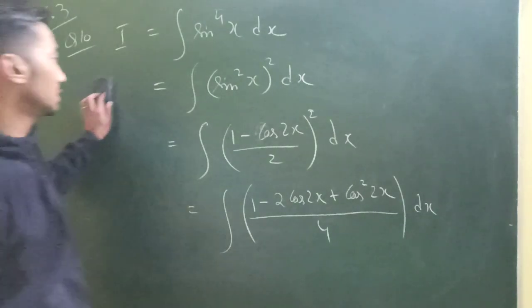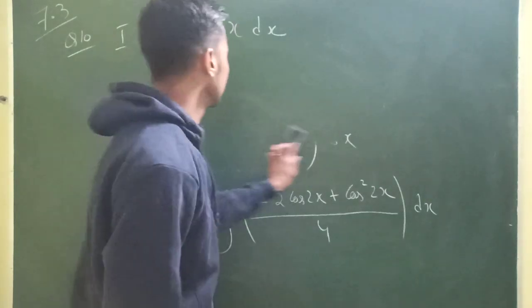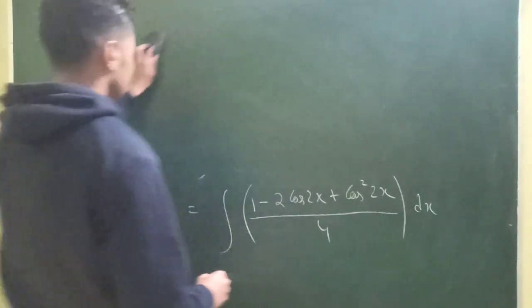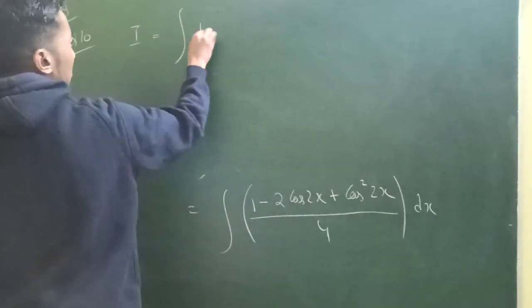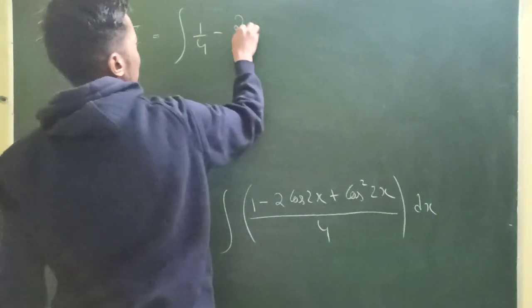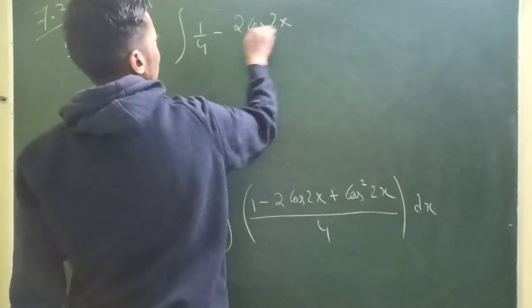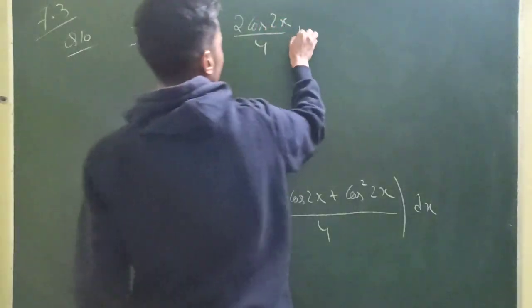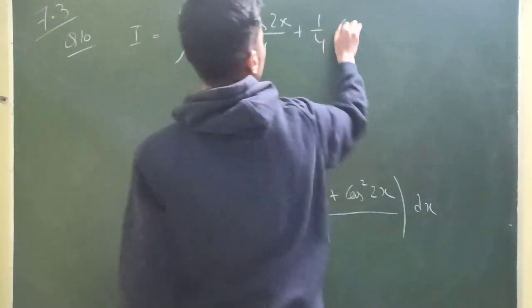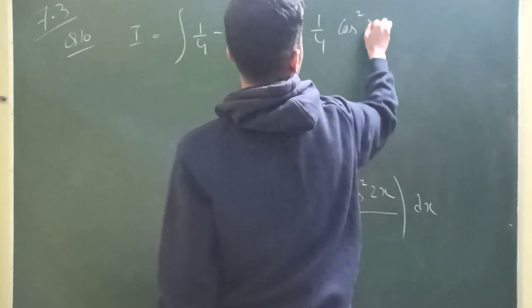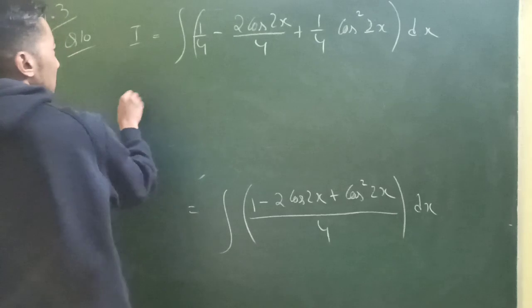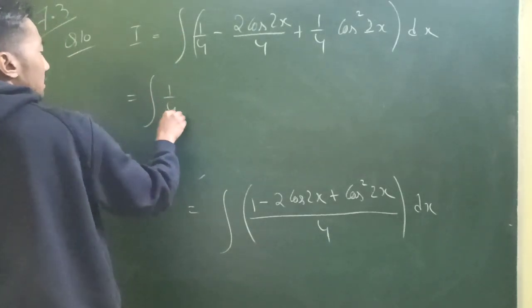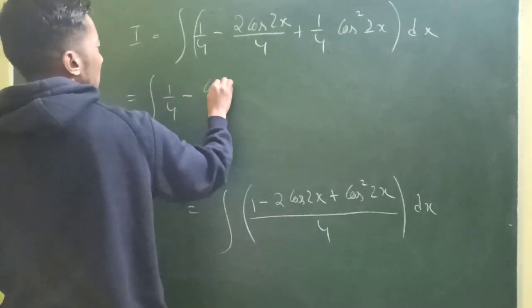Alright, okay, let's continue again. And I will be integration of 1 by 4 minus 2 cos 2x by 4 plus 1 by 4 cos square 2x. Now, still not ready for integration. I'll just keep this. I'll do the integration together for all the functions.